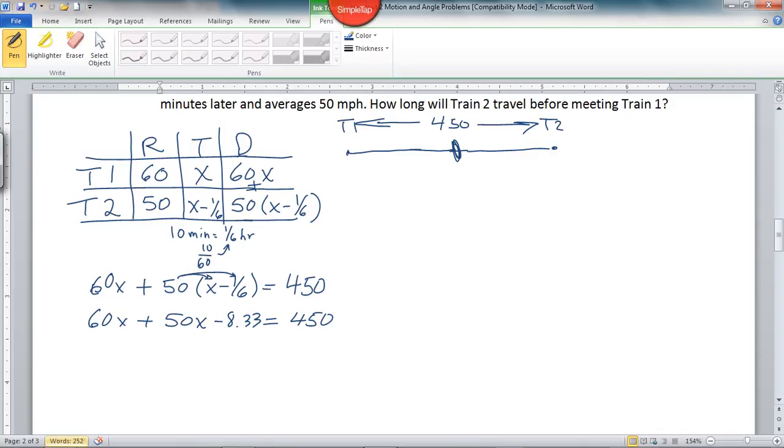So I've got 60x and 50x, I can add those two together: 110x minus 8.33. Add the 8.33, so I'm going to have 110x on the left equals 458.33.